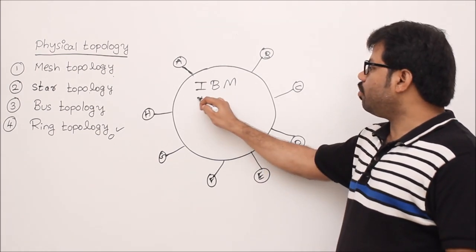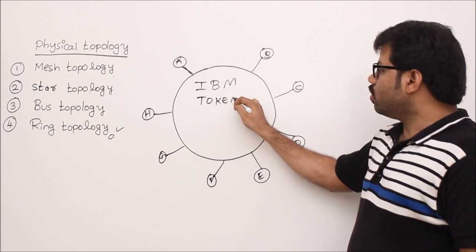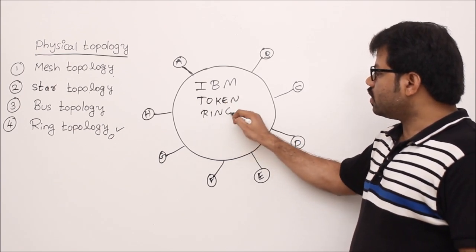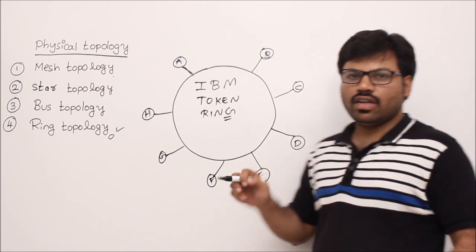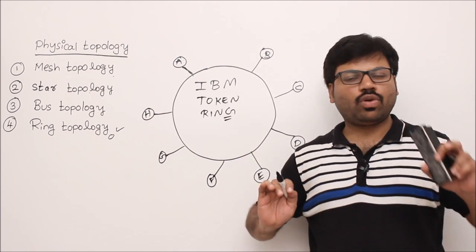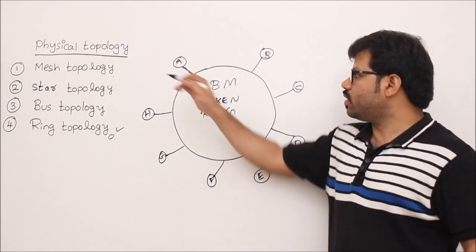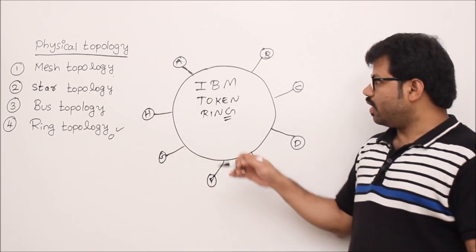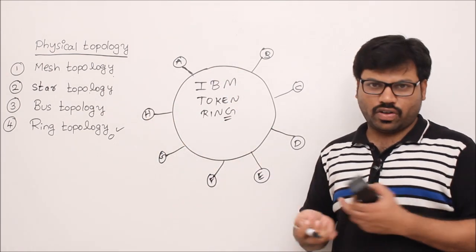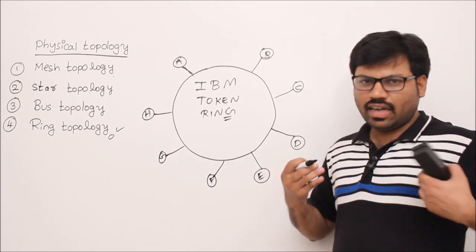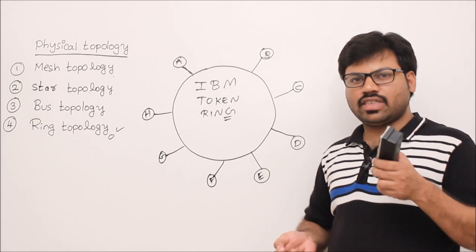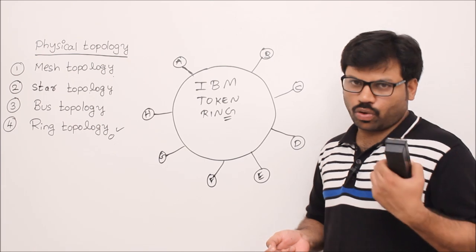That is called IBM token ring. Before discussing IBM token ring, let's say you don't have the IBM token ring protocols, you simply have computers. Then how will communication take place in your model? Think about it. We can create our own model, but we will see why generally we should not have our own protocols.